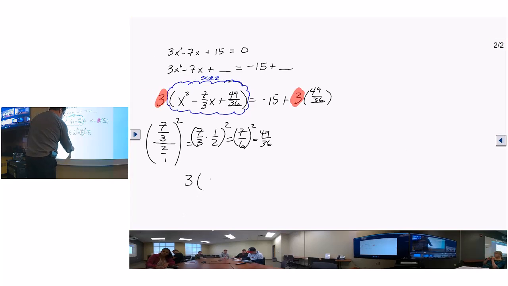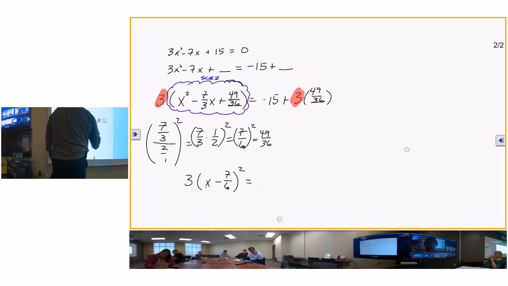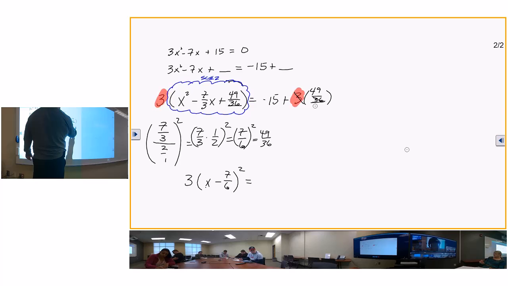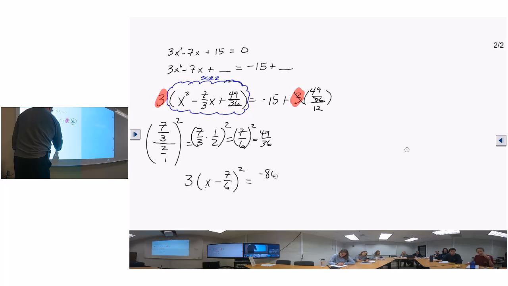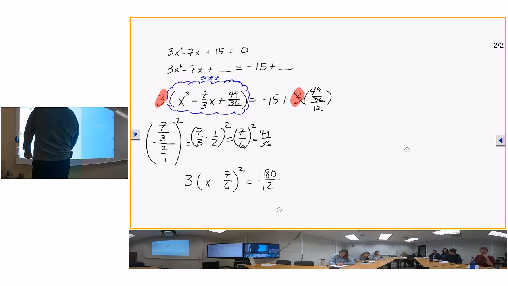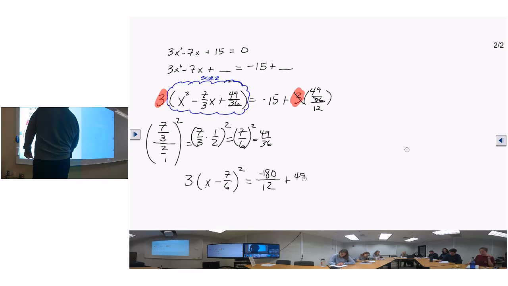Okay, that's fine. X minus 7 over 6, quantity squared is equal to negative, well, let's go ahead and simplify this. What does that 3 do to that 36? Turns it into 12. Somebody multiply 12 times 15 for me. That's 180. Thank you. So that's going to be negative 180 over 12 plus 49 over 12.